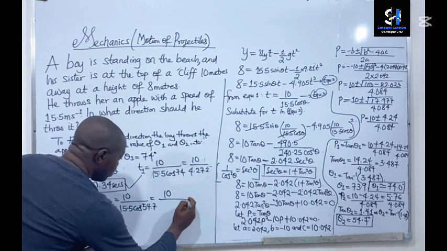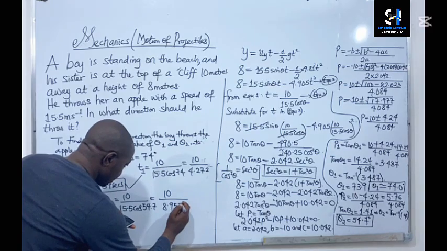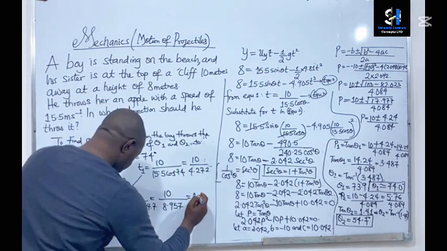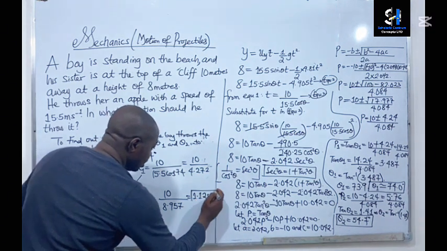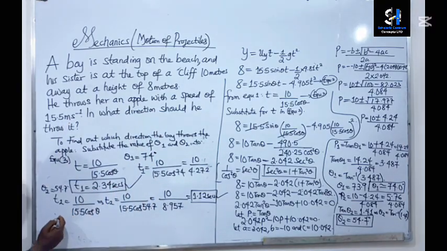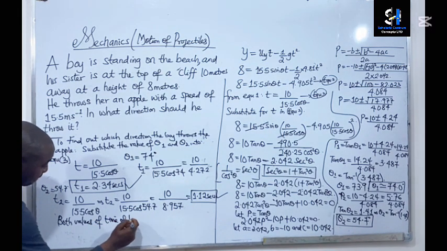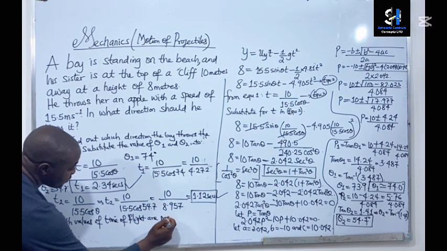This will be 10 over 8.957. This will be positive as well. So 10 divided by 8.957 will be 1.12 seconds. This is also positive. So both values of time of flight are positive.